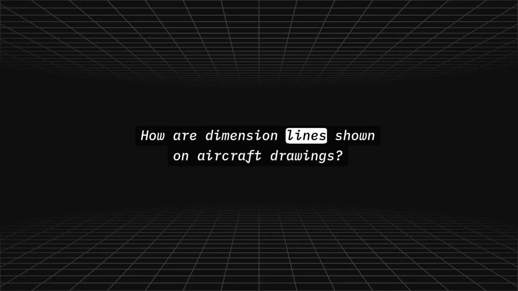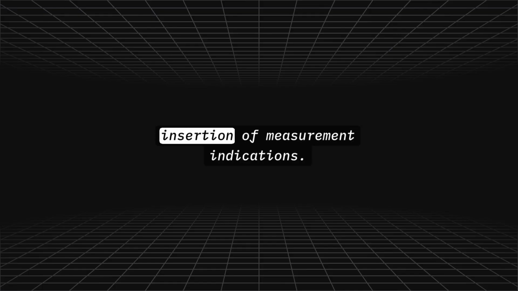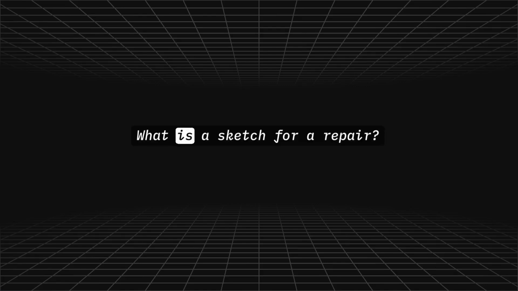How are dimension lines shown on aircraft drawings? Dimension lines are solid and usually broken at midpoint for insertion of measurement indications. What is a sketch for a repair?